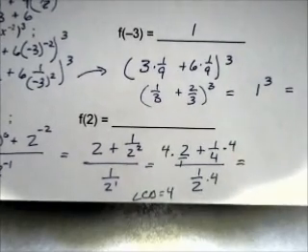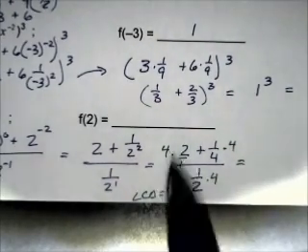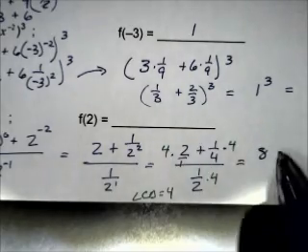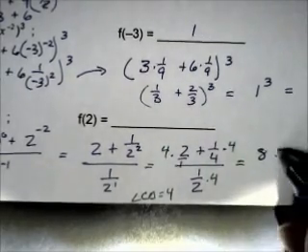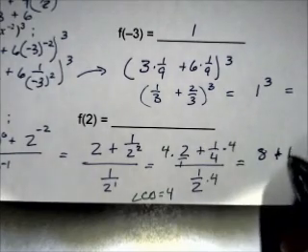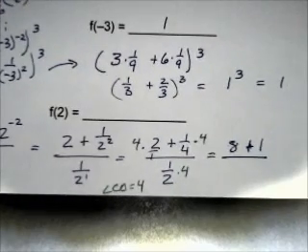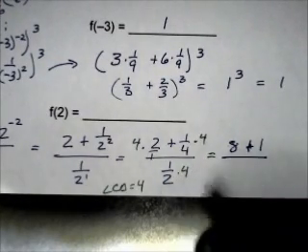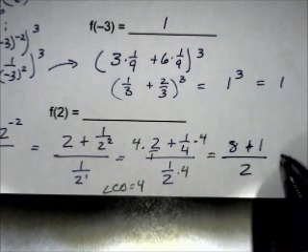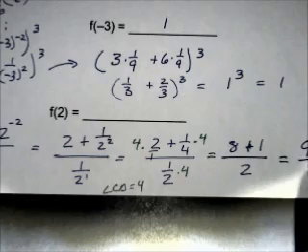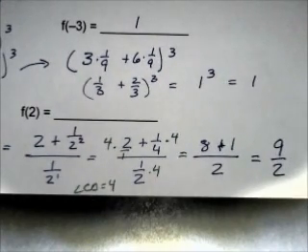Okay, and here we have 4 times 2 is 8 plus 1/4 times 4, the 4's divide out, that's just 1. And 1/2 times 4, 2 goes into 4 twice. 2 times 1 is 2. 8 plus 1 is 9. So our answer is 9/2.